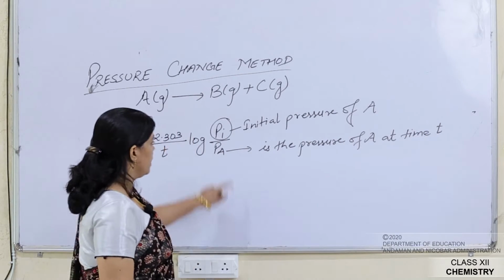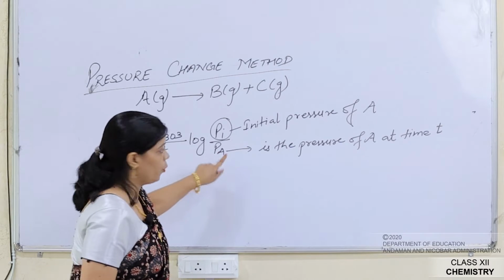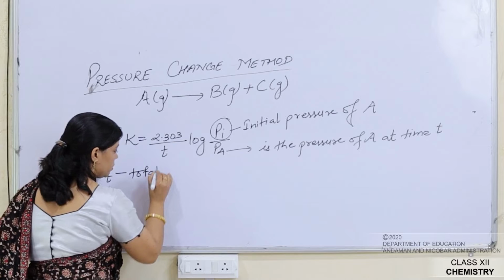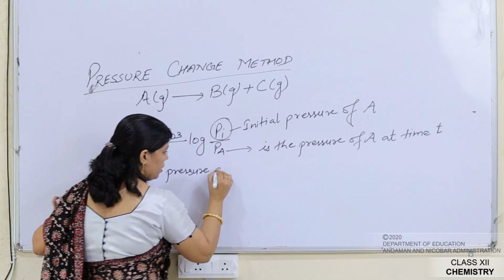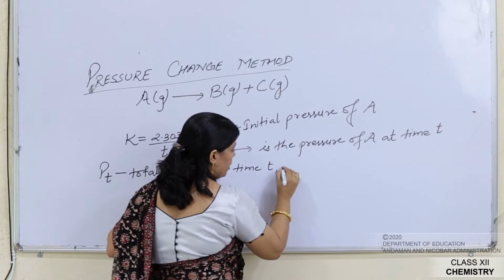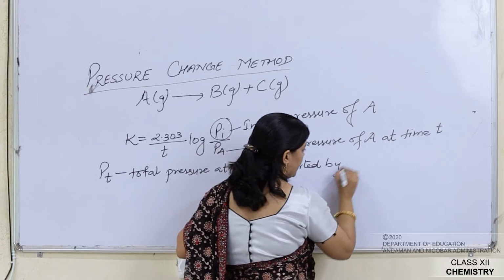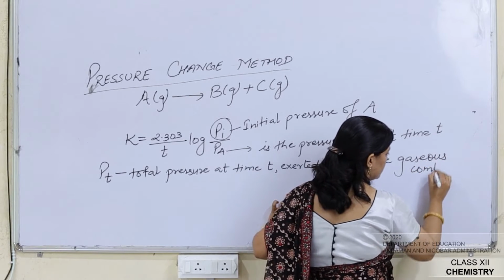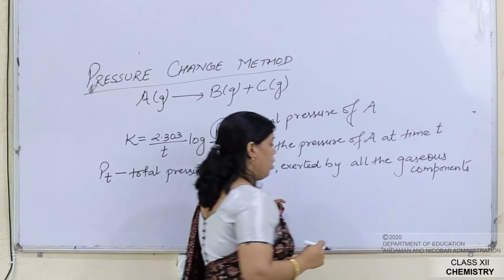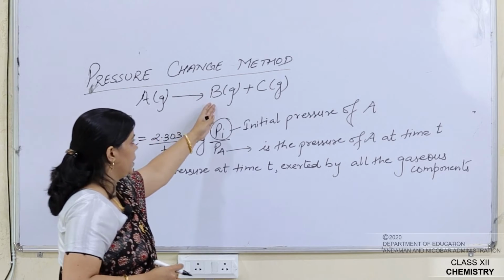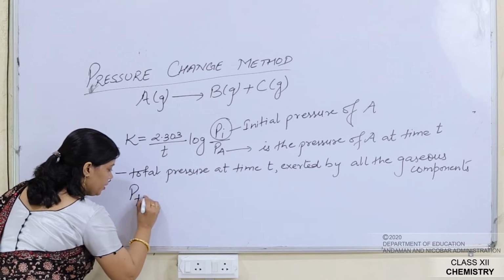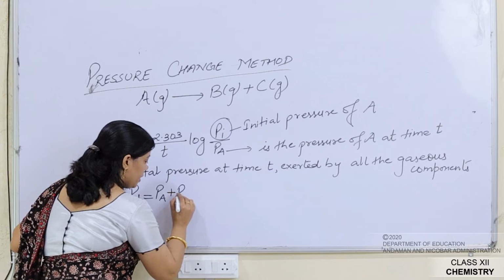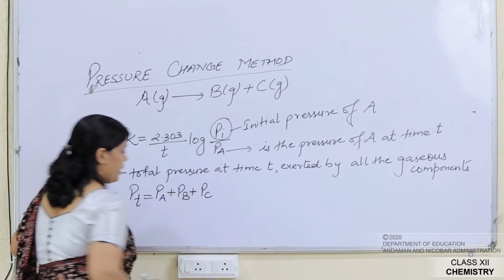And Pt represents the total pressure at time t exerted by all the gaseous components, and here the gaseous components are A, B and C. So the total pressure Pt can be written as the sum of the partial pressure of component A plus the partial pressure of component B plus the partial pressure of component C.